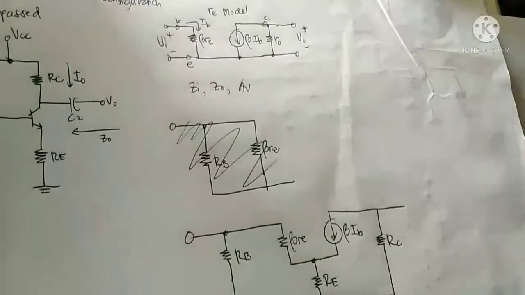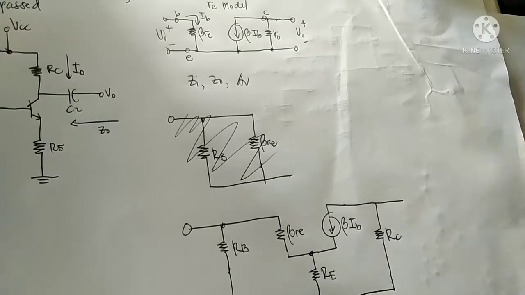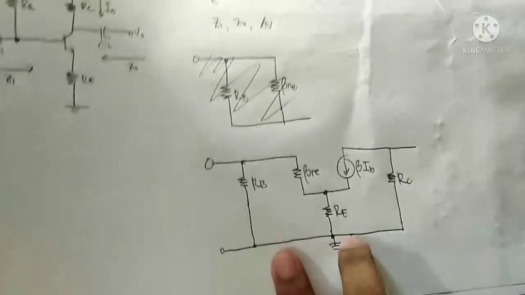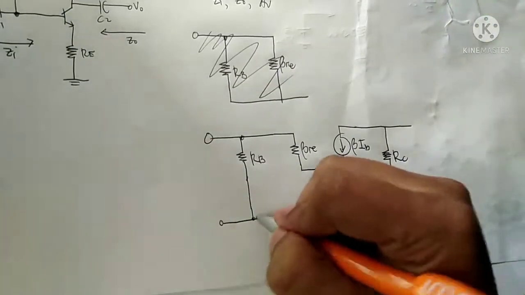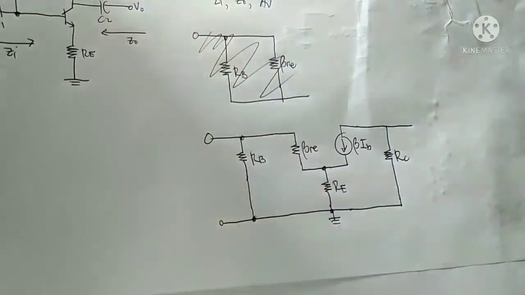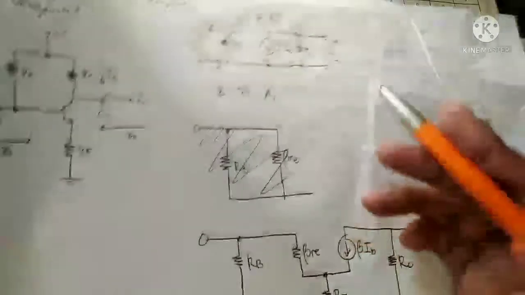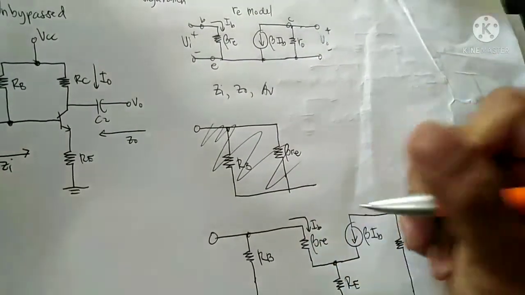In this topic we're going to neglect r sub o, since if you include this parameter in the model, it will complicate all the formulas. So to make it simpler, let's neglect r sub o.